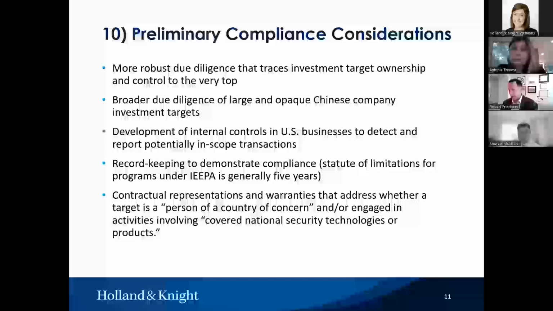And so I just want to walk through our initial thoughts on compliance considerations that are pertinent for investors who are active in China.